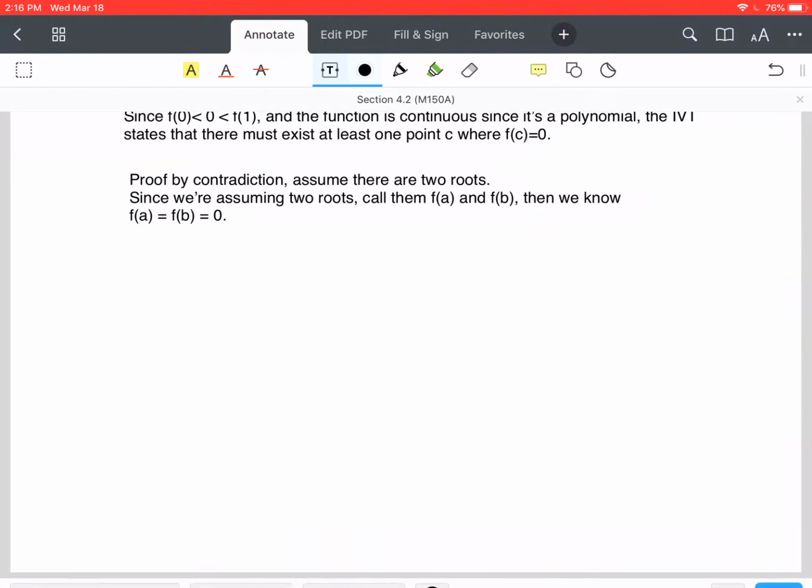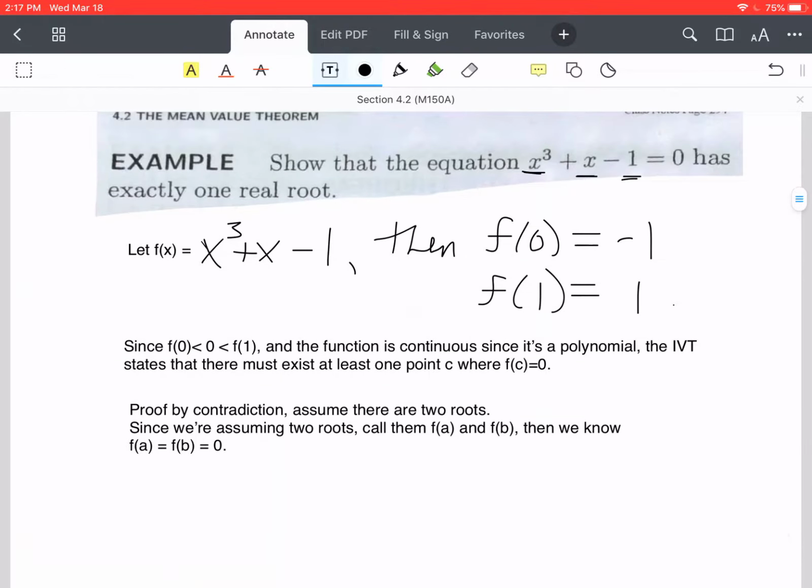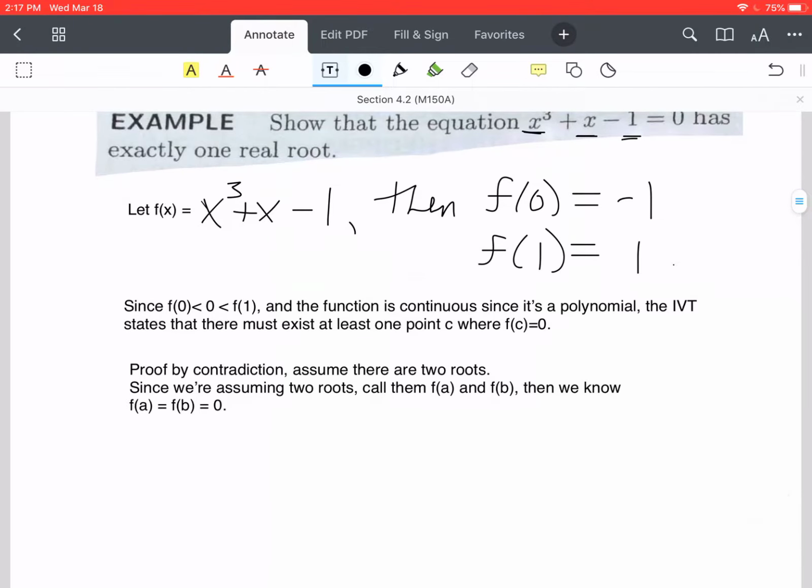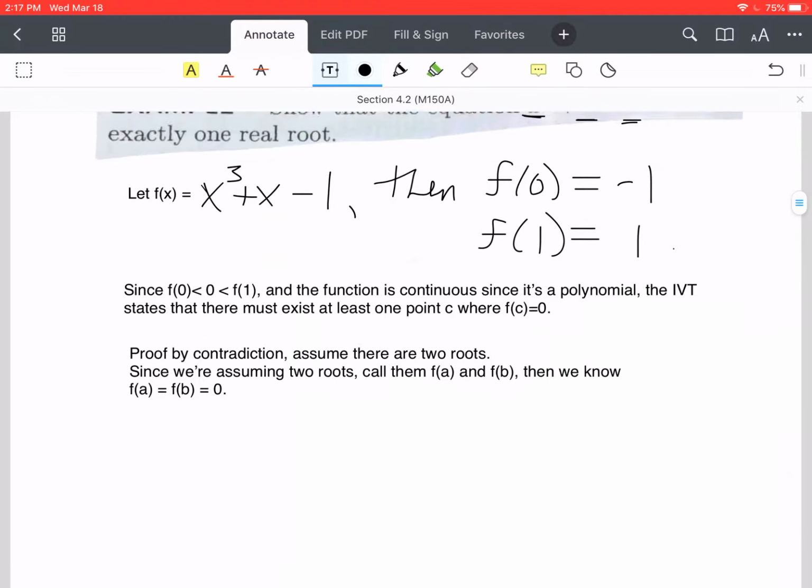Now, for this function in question, we're looking at a polynomial, x cubed plus x minus 1. Polynomials are continuous everywhere. They're also differentiable everywhere.